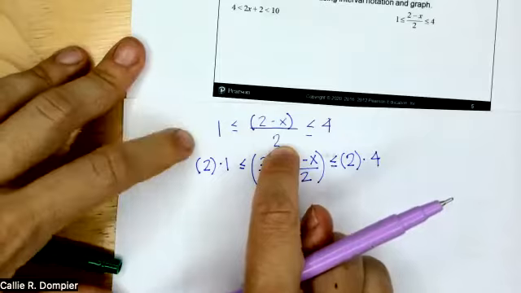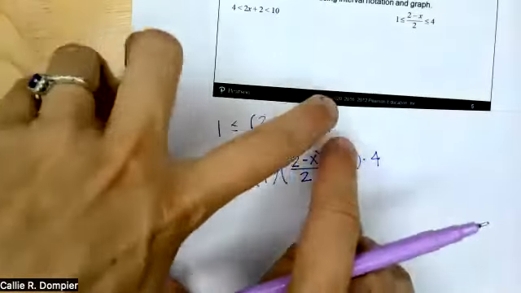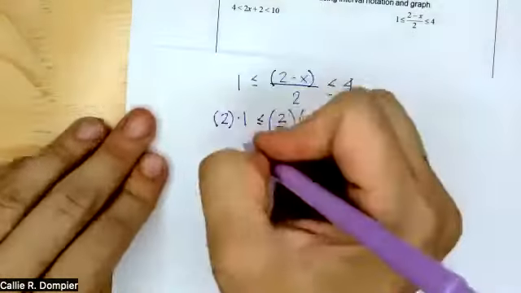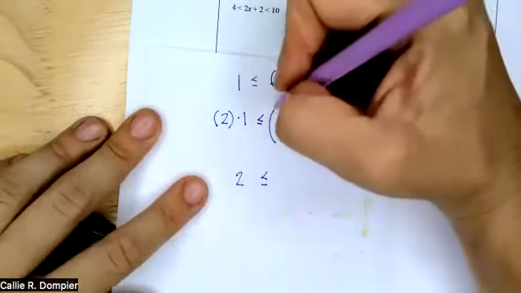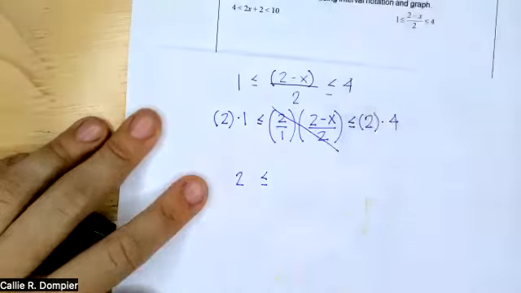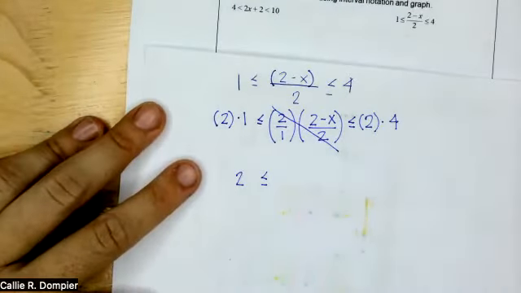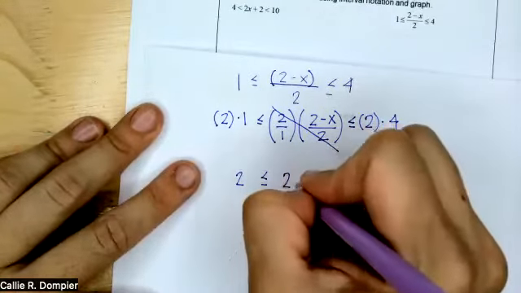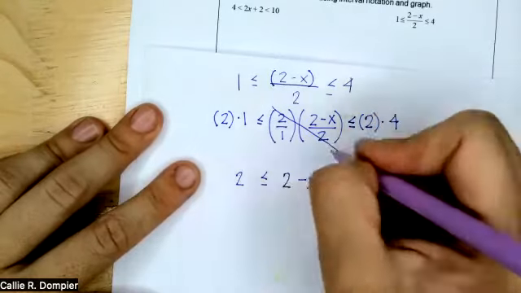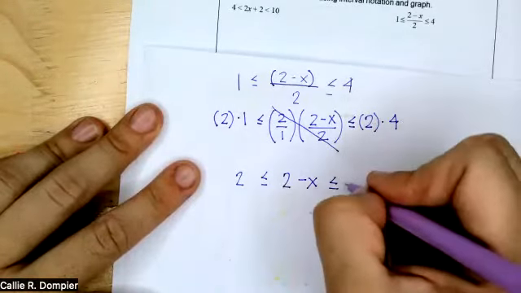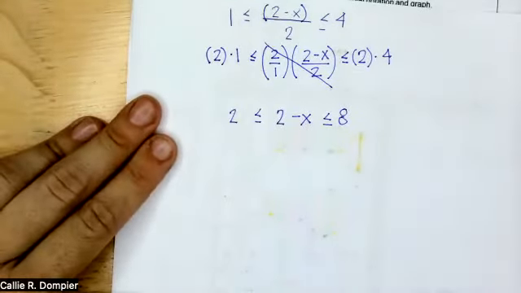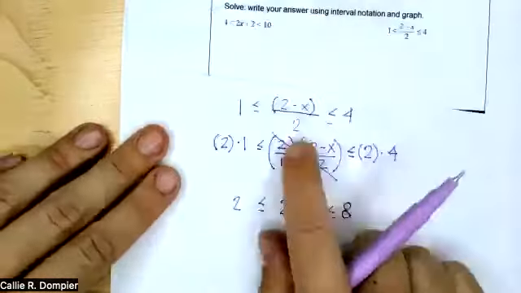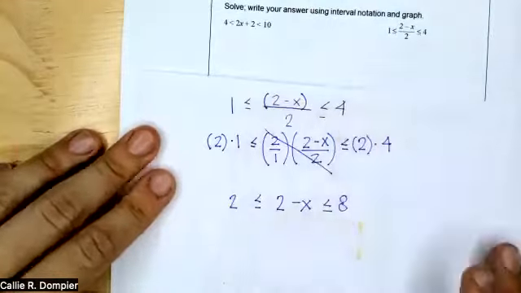Because of that 2, I multiplied this by 2, multiplied this by 2, and multiplied this by 2. 2 times 1 is just 2. The reason we did this was to cancel these. So now that's just 2 minus x over 1, or just 2 minus x. And then 2 times 4 is 8. Good. So we got rid of that 2 in the denominator by multiplying all 3 parts by 2.